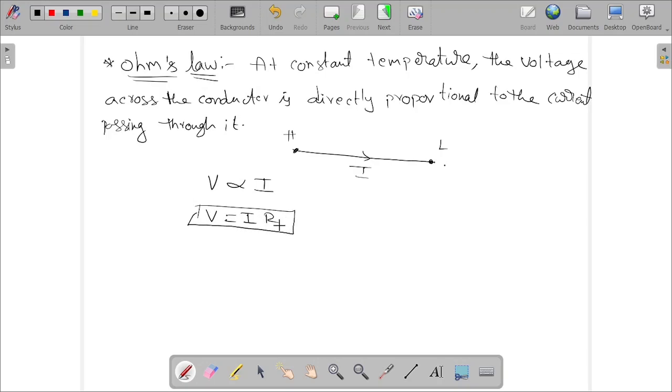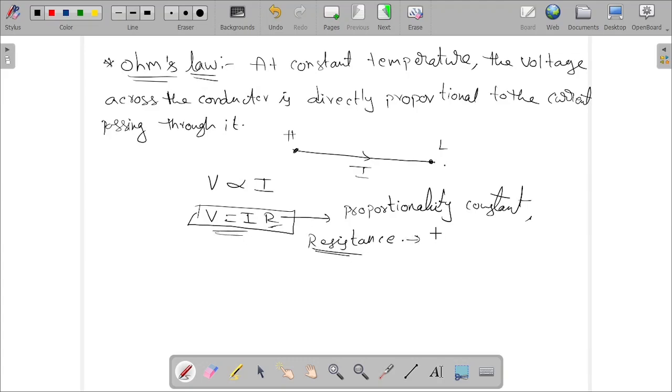This represents Ohm's law. What is meant by resistance? What is R here? R is the proportionality constant, and this is what we call resistance.